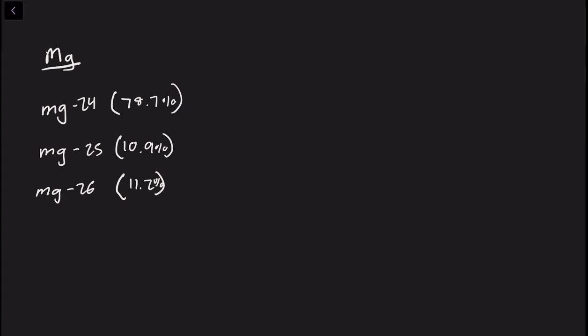So if we use our same formula, so our 24 times our decimal form of our percentage, 0.787 here, we're going to get 18.89. Now for Mg25, we're going to do 25 times 0.101, giving us 2.525.